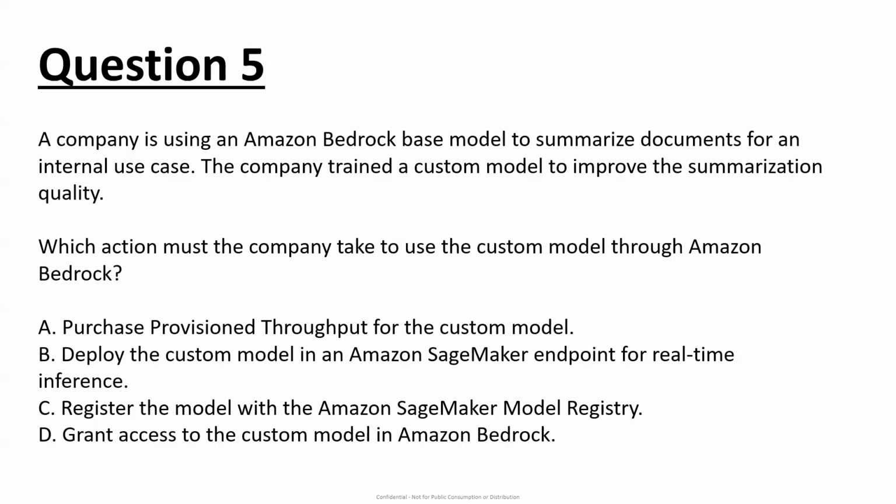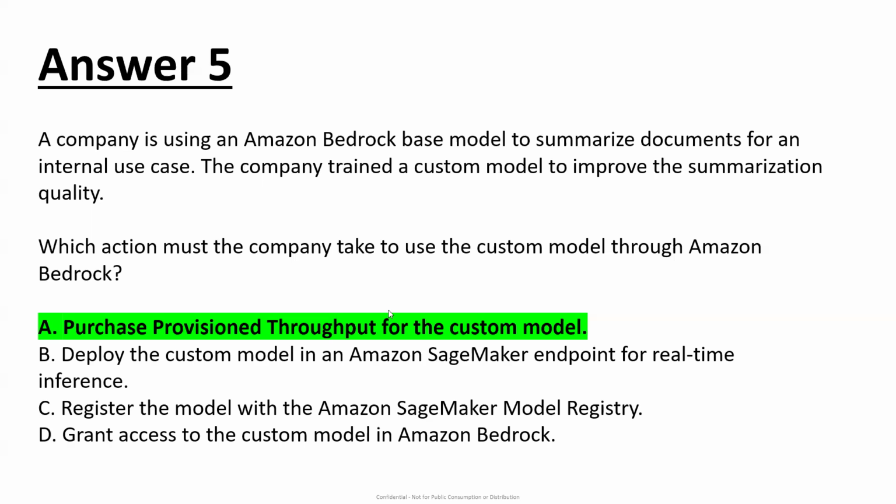So in future, even if you build a very large model, there is less chance that it will break or there will be some shutdown period. So just remember, if you want to use a custom model from a provisioning perspective, it's always recommended to purchase provisioned throughput. This is a best practice on Amazon Bedrock for custom models.